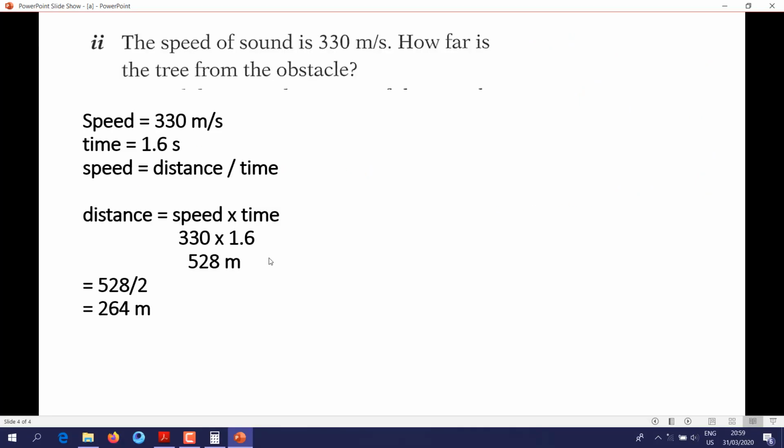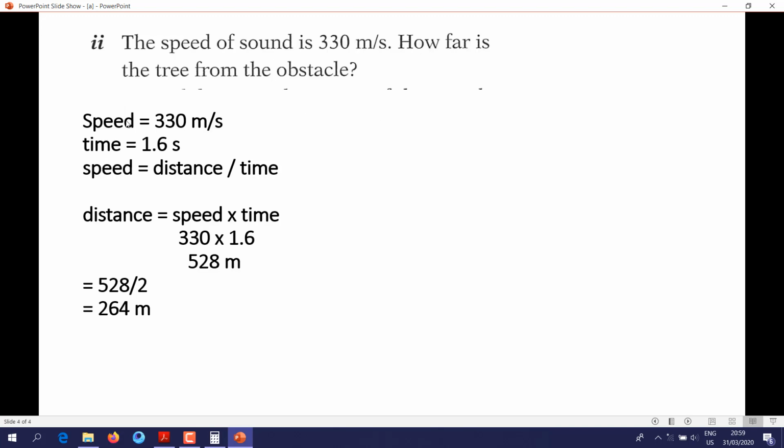The next question says, the speed of sound is 330 meters per second. How far is the tree from the obstacle? To solve this question, in the previous question we said the obstacle was the wall.